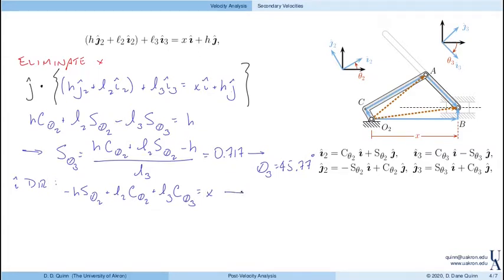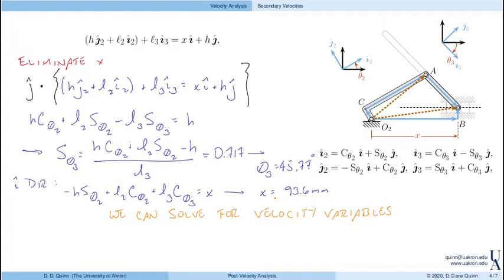So x is 93.6 millimeters, again in this configuration. Now we can go forward and solve for the velocity variables, theta 2 dot and theta 3 dot, because at this point we have determined the configuration.